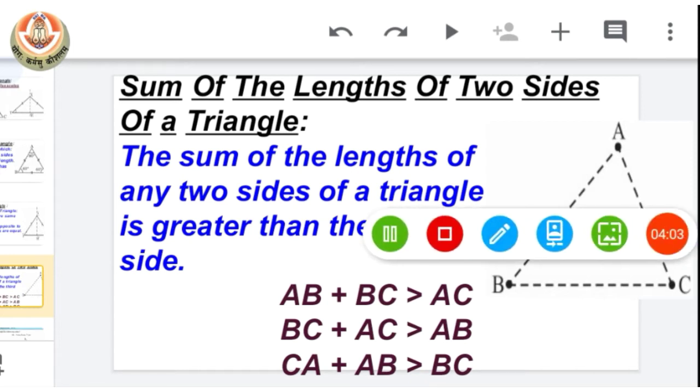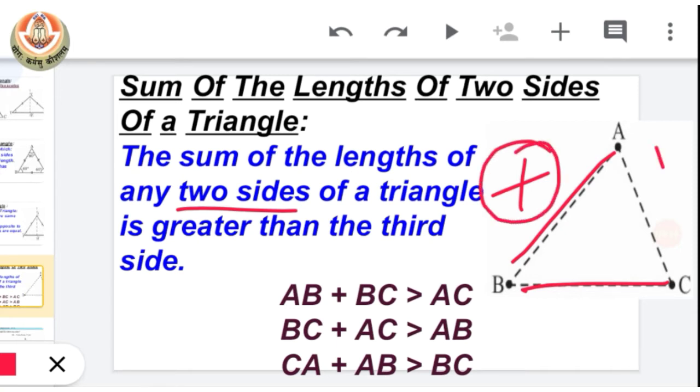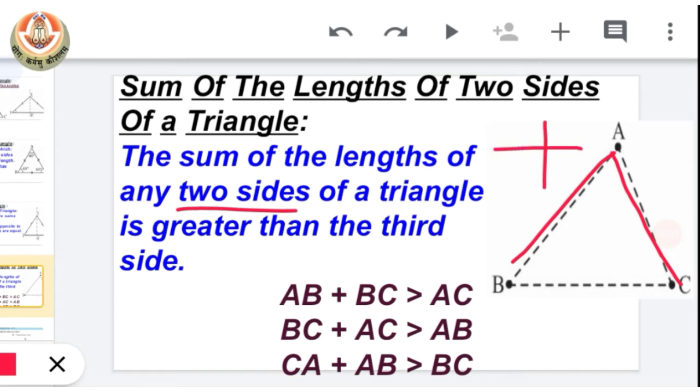If we take any two sides of a triangle and add their measures, then their sum should be greater than the third side.